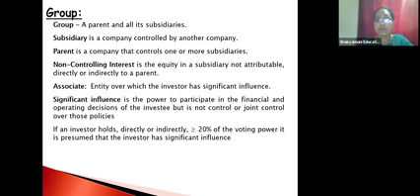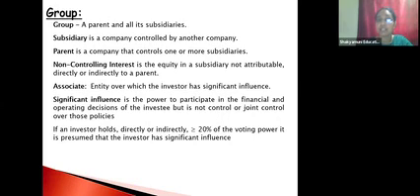Take the same example of company A and company B. Company A purchased 30% shares of company B. In such a case, company A is said to have significant influence over company B. What is significant influence?